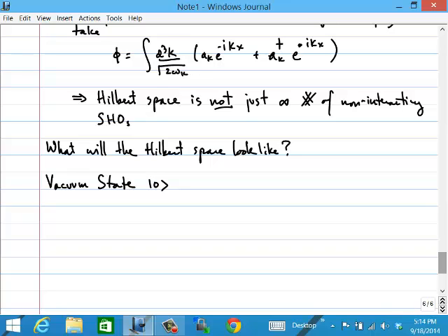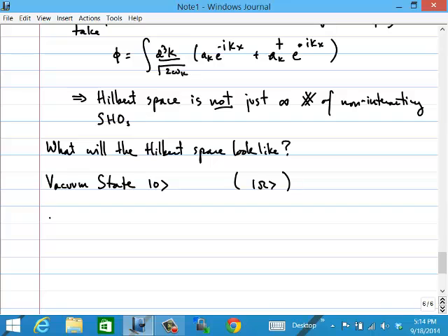Although in some textbooks, the vacuum of an interacting field theory is distinguished from the vacuum of a non-interacting field theory. Sometimes people call it omega. So for example, I believe that's what Peskin and Schroeder does. To keep life simple, we'll just use the same symbol that we've been using in non-interacting field theory.